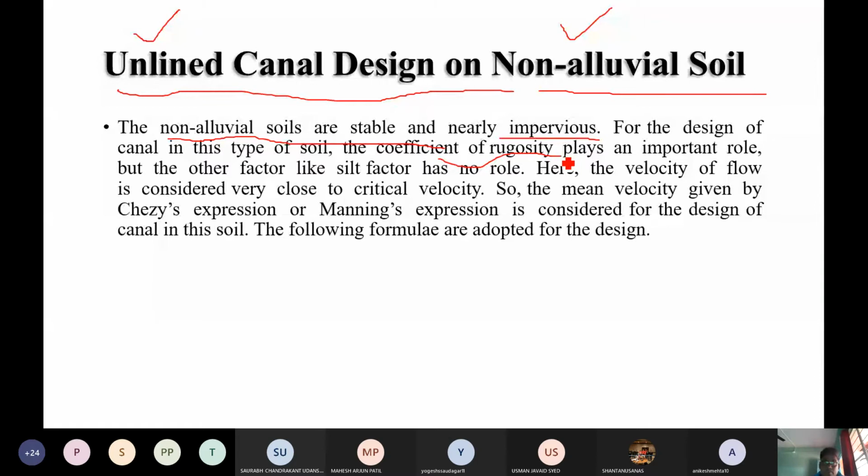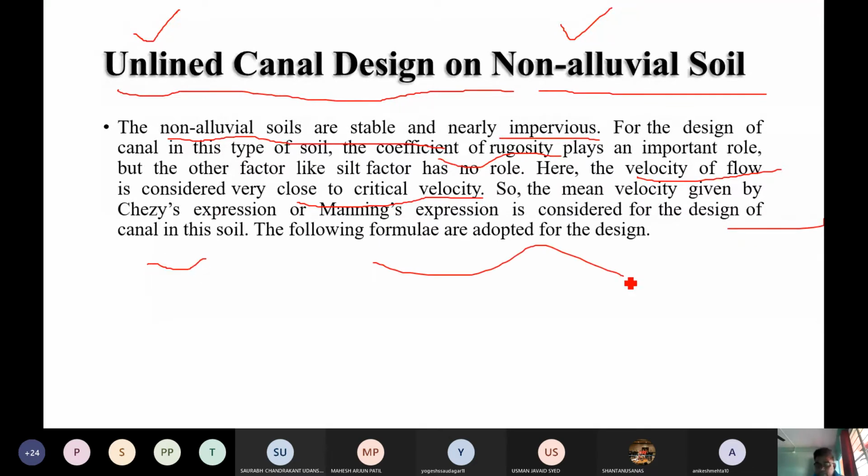Please remember, in case of unlined canal design on non-alluvial soil, the silt factor is not very important. Hence the velocity of flow is considered nearly close to the critical velocity. Hence the mean velocity given by Chezy's formula or the Manning formula is going to be considered for the design of the canal in this soil.